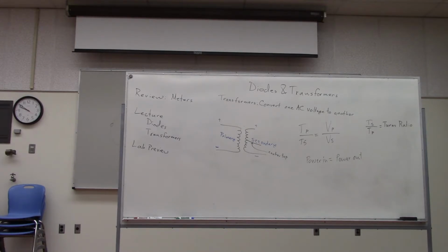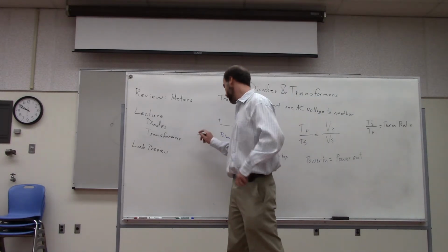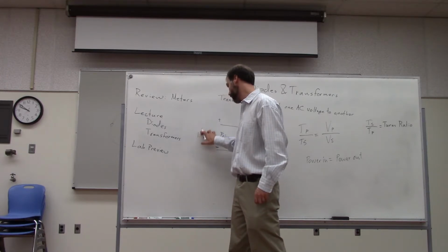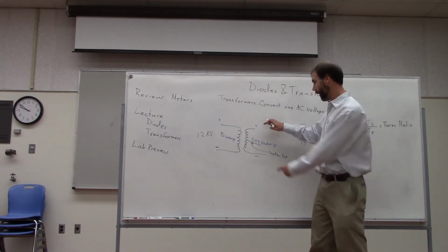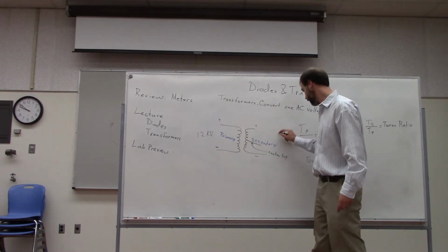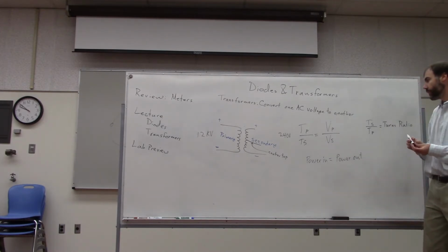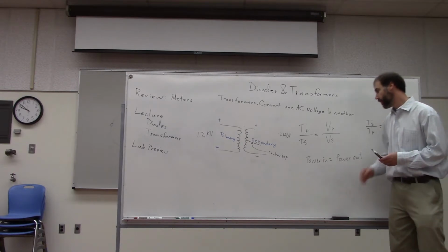Can you give a real life example? Sure. Say we've got 10 or 12 kilovolts coming in, and we want to get 240 out of the transformer. Let's figure out what turns ratio we would need in order to make that happen.